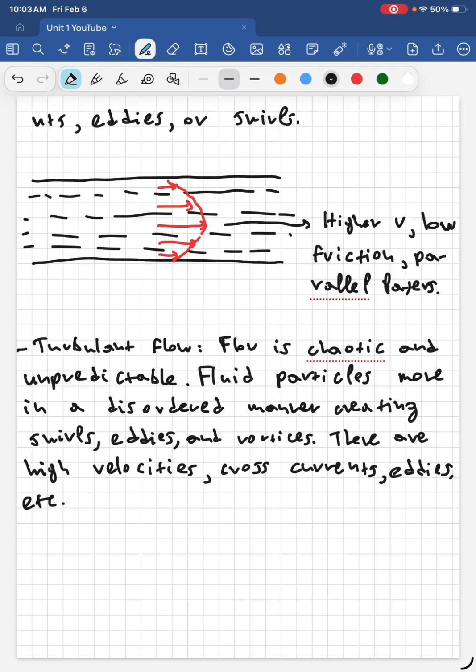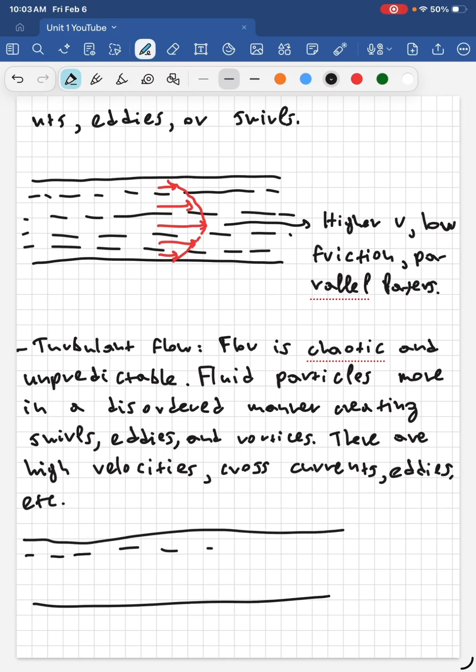So if we go back and draw the flow, the fluid in our pipe, this time the particles move like this. So this is what's happening. And actually this is the velocity profile. It's kind of flat.